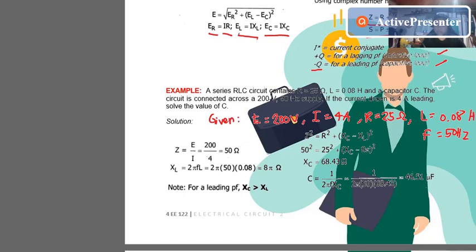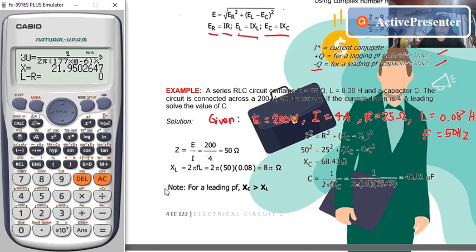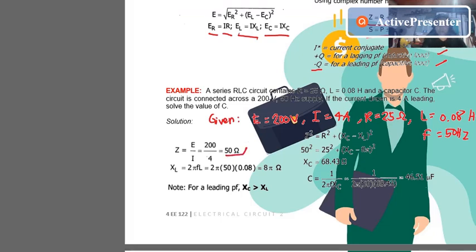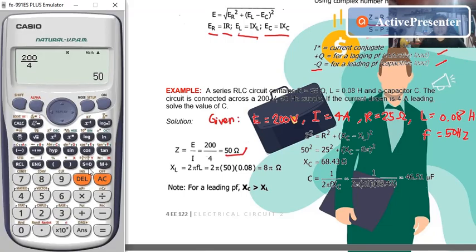So take note of the givens. Now solve for our total impedance: 200 divided by 4 amperes, so our impedance is 50 ohms.